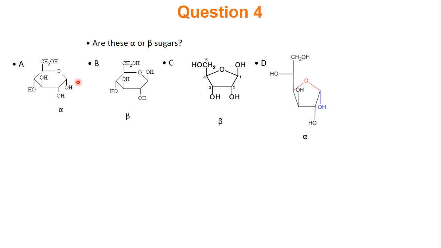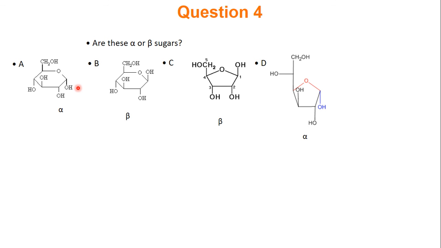Your anomeric carbon is the carbon that used to be part of the C double bond O. On a ring, you can always find the anomeric carbon because it is the only carbon directly attached to 2 oxygens. What I'm highlighting right now is the 2 oxygens attached to my carbon. What I'm circling is my anomeric carbon. That used to be my carbonyl carbon.